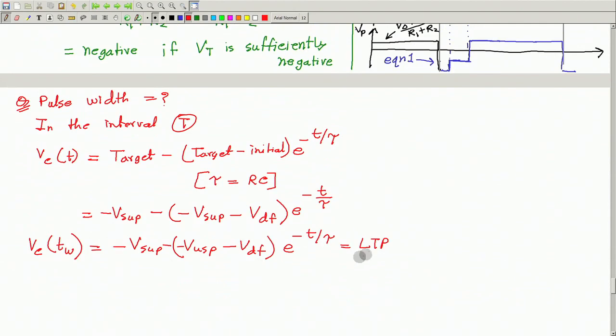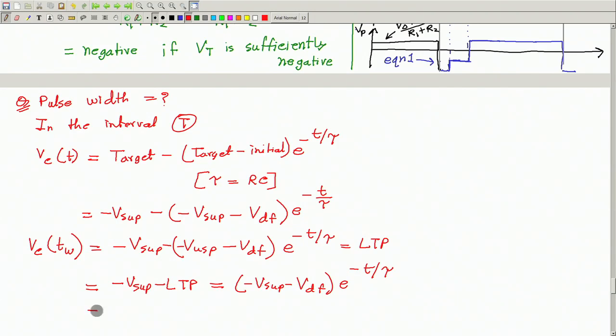Okay. So, now let us equate this. Bringing LTP to the other side, minus V supply minus LTP will be equal to minus V supply minus VDF, e to the power minus Tw by tau. Please check my calculation always if I am making any mistake. Let us check the sign once again: this is minus, this is minus, and this is plus on the other side.